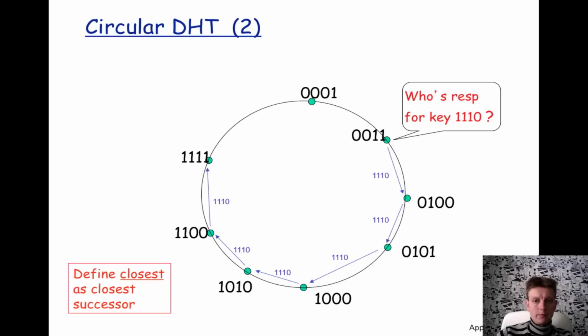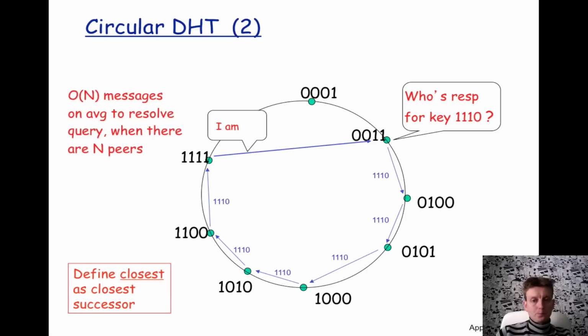Peer number 15 would respond back to the request initiator that it is responsible for this key value. So this is a very efficient search mechanism, which on average requires in the order of n messages to propagate a request in a network with n peers.